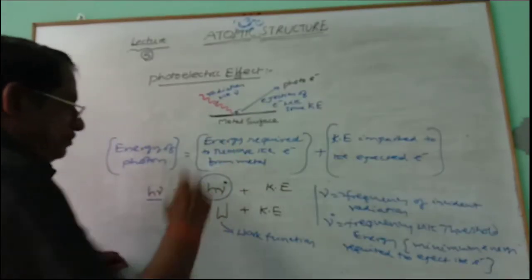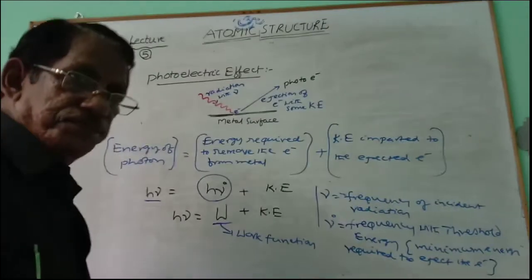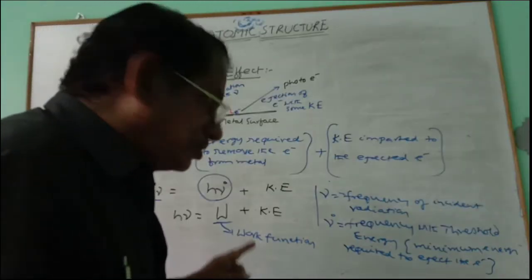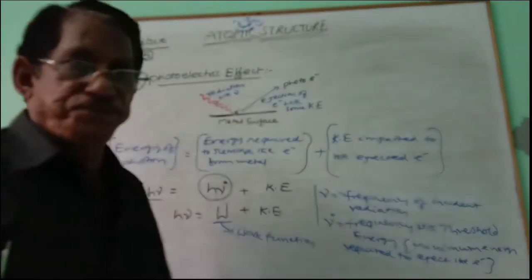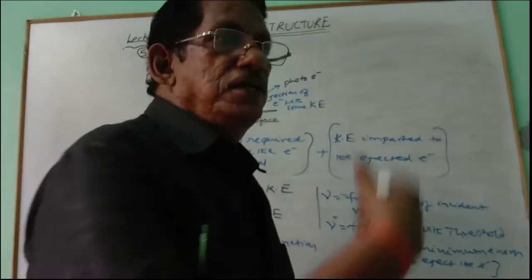Here the wonder is this h nu naught is replaced by W by Einstein. He introduced this as the work function. Basing on the work function, he explained the photoelectric effect.